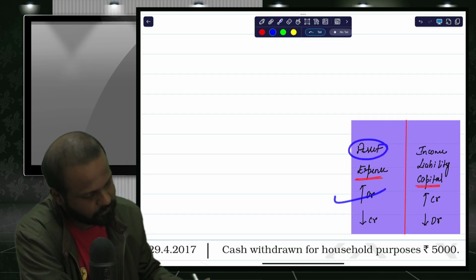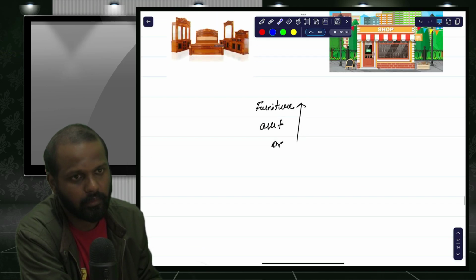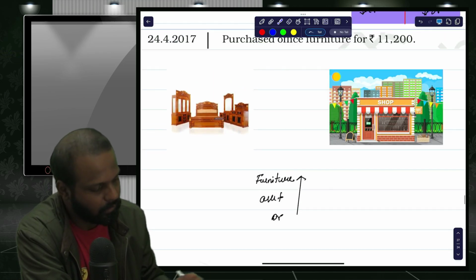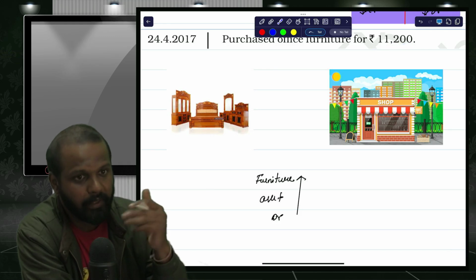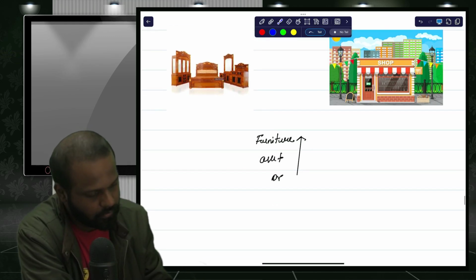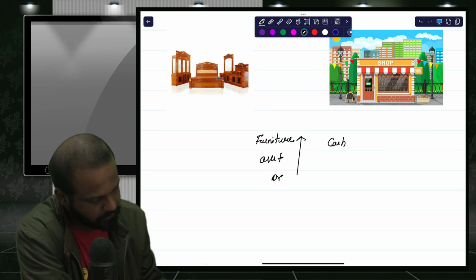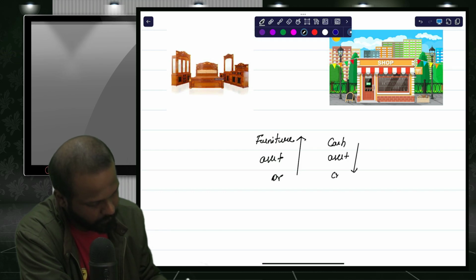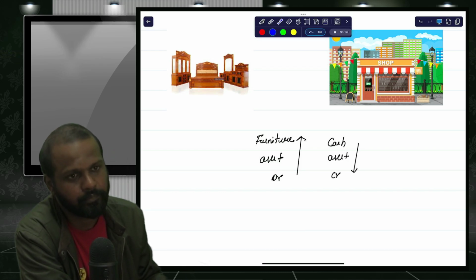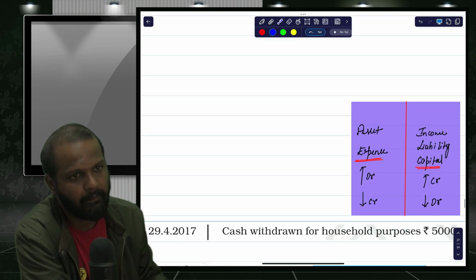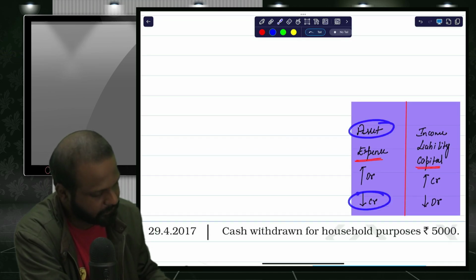You have paid money, let us say through cash. So cash is also an asset. And asset decreases, we do credit.